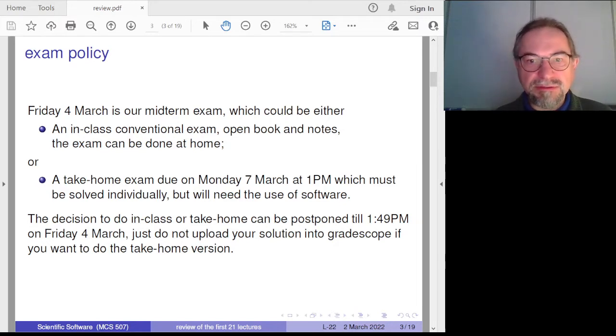Now you can choose both. The take-home exam is due on the Monday following, so you have a weekend essentially. I do not think that you should work the entire weekend on this. If you do that, then there might be something wrong with it. I would expect that within 4 hours you could do the exam. Either you do it on Monday morning or you do it on Friday afternoon.